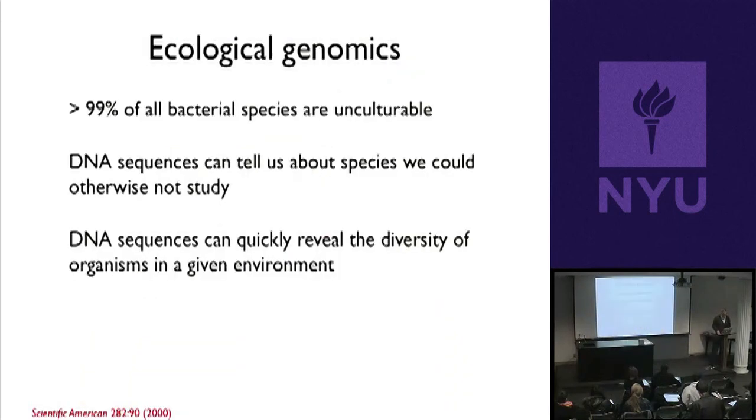And the motivation for ecological genomics is that, especially when it comes to microbial species, bacterial species, most of them are impossible to study in the laboratory because it's impossible to culture them on a petri dish. Okay? The estimate is that greater than 99% of all bacterial species are impossible to grow in the lab. Okay? Because we don't understand or we can't recreate the conditions that they need to grow.